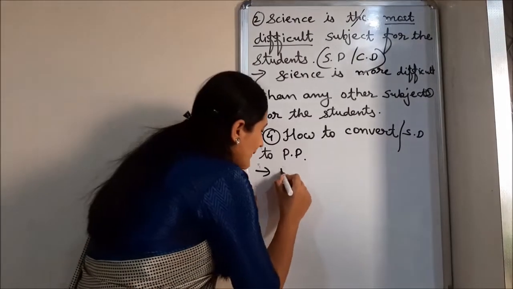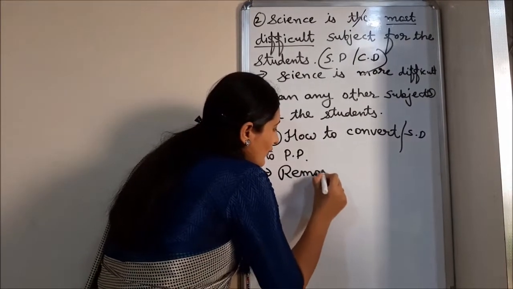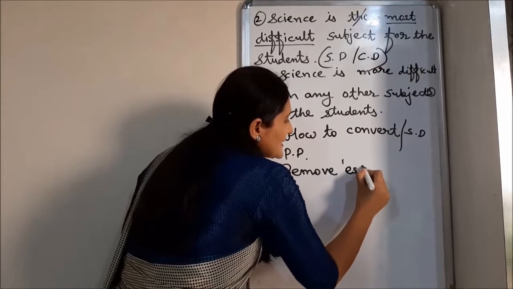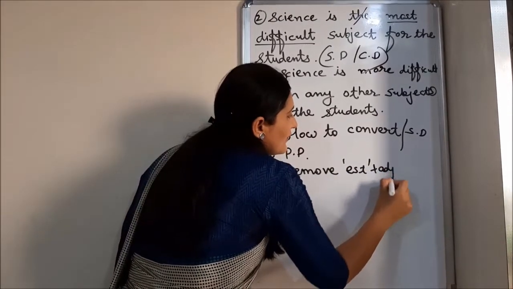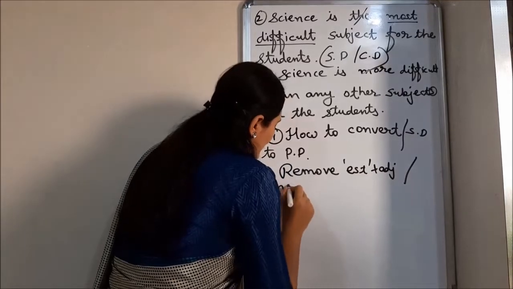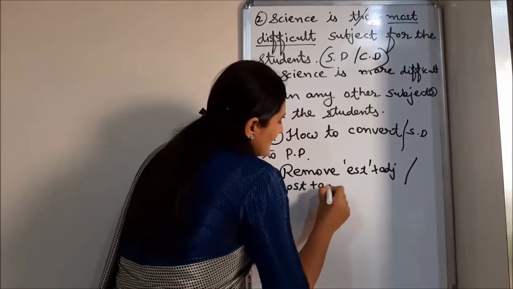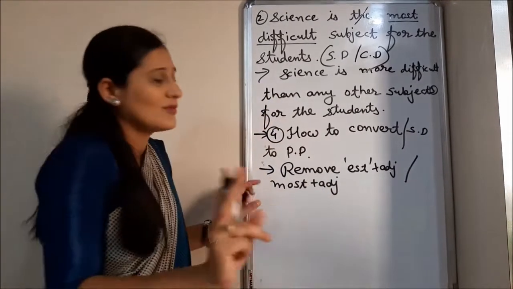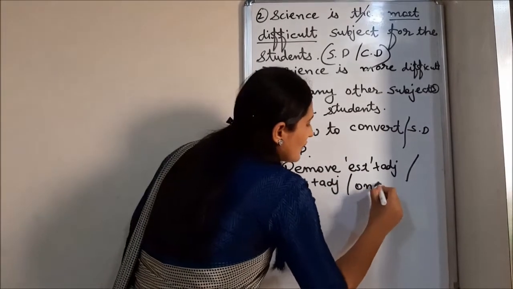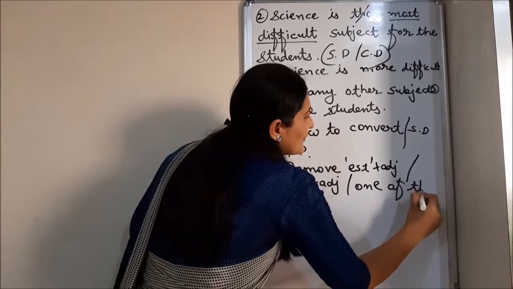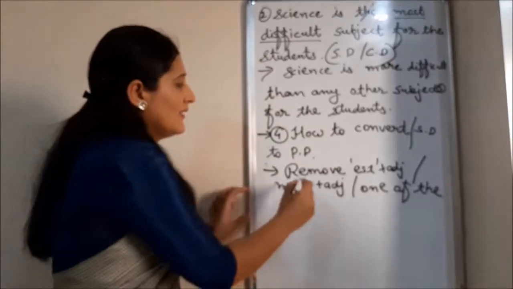First rule is again remove EST plus adjective or most plus adjective, or one of the, any out of 3 given.